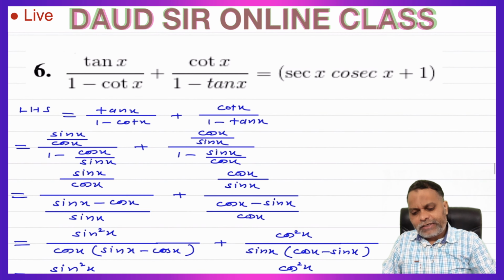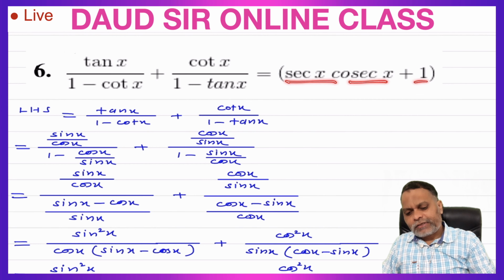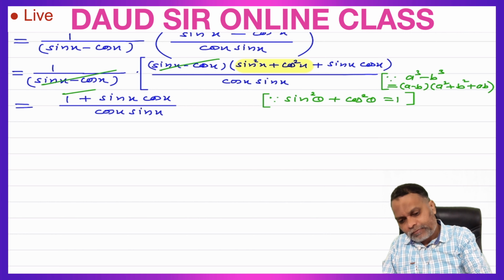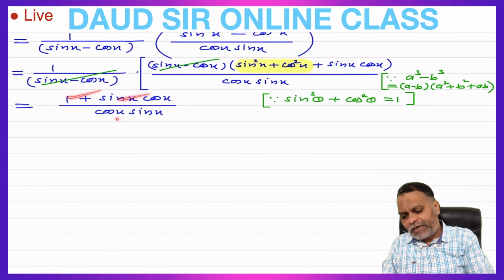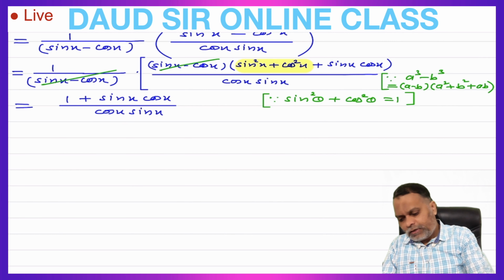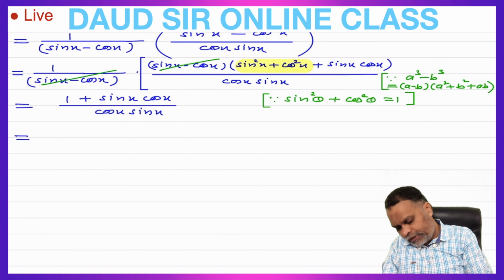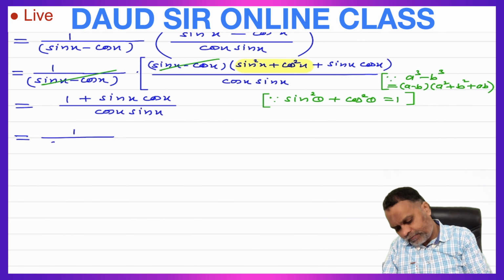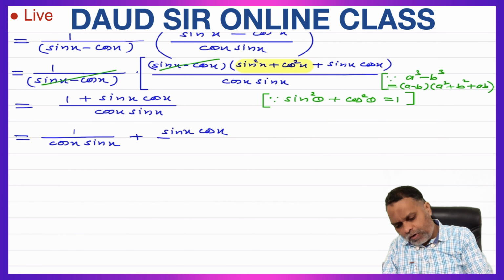What is our right hand side? We need sec x into cosec x plus 1. So for getting this sec x into cosec x, divide these two terms. Divide both the terms separately by cos x into sin x. So which is equal to 1 upon cos x into sin x plus sin x into cos x upon cos x into sin x.